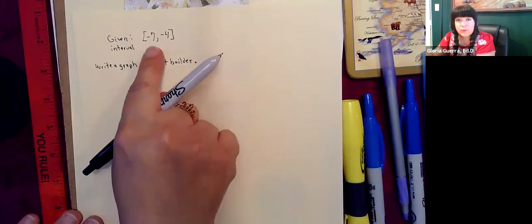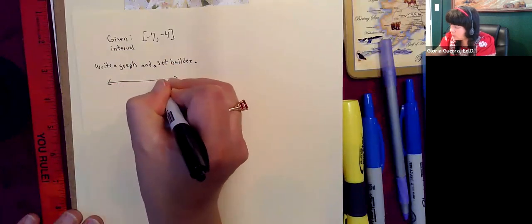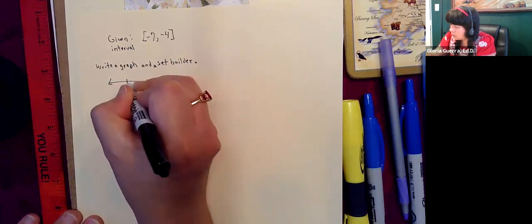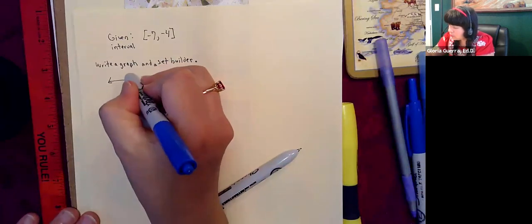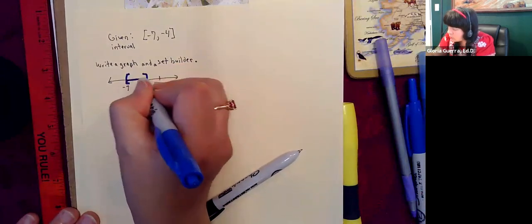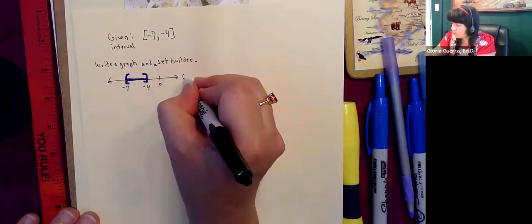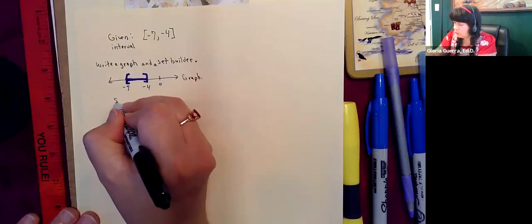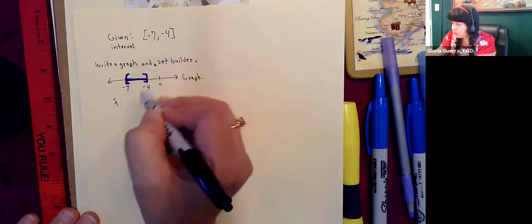Okay, so the graph for this would be you'd have to plot 0, -4, -7. Okay, and then you want brackets on those endpoints and then shading in between that. Okay, so that would be your graph. And then set notation would be curly braces. Now here, they don't tell us what the variable is.